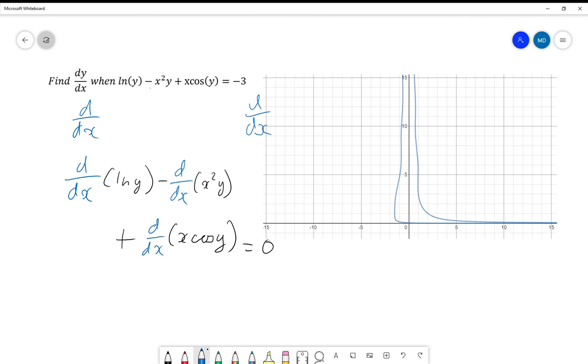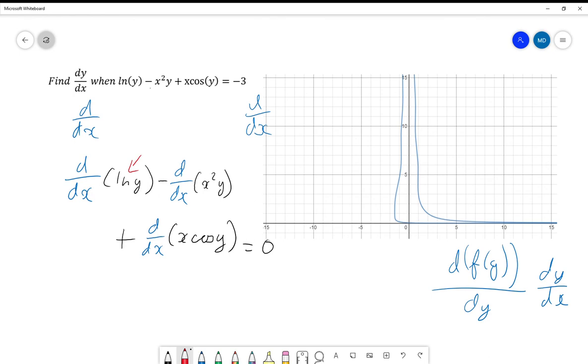Okay, now in each case we're just going to differentiate just as we were before, but thinking carefully about what's going on. From last time, we were finding that if we were differentiating anything with respect to y, well then it was just the d of f of y, whatever our function of y was, differentiated with respect to y, multiplied by dy by dx. That means you just differentiate the thing as though it was x. So we just imagine this was natural log of x, except that it's y, and then multiply by dy by dx at the end.